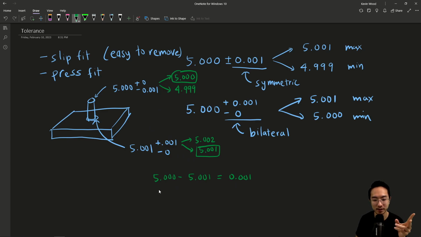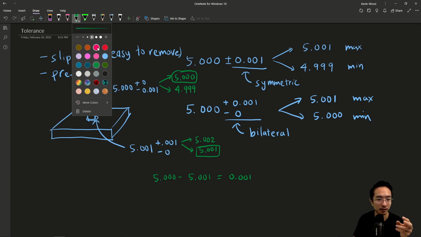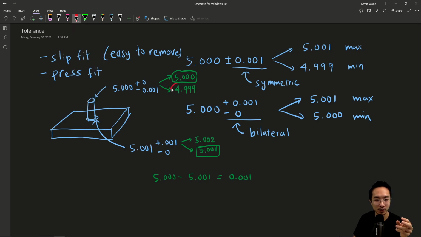And then the biggest gap we could get is, let me use a different color. Let me use a red. Okay. So let's say we have 4.999 with a 5.002. Then we're going to get 5.002 minus 4.999, and then you have 0.003.